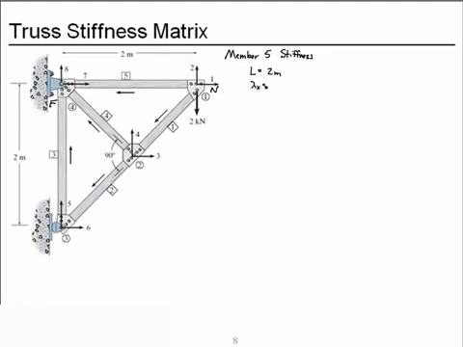Lambda x is a negative 2 meters, since the x-coordinate changes in a negative direction, divided by the 2 meter length, and so we have a negative 1.0 for lambda x. The y-coordinate does not change, and so lambda y is 0.